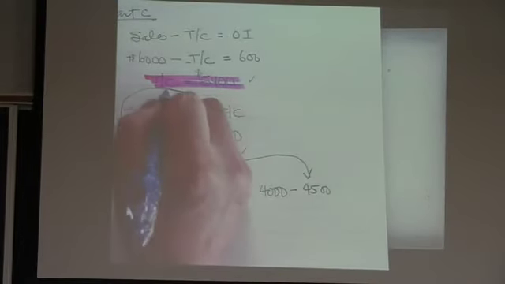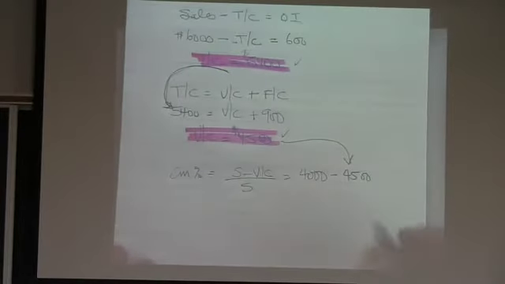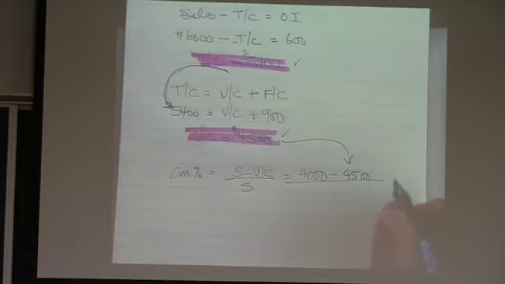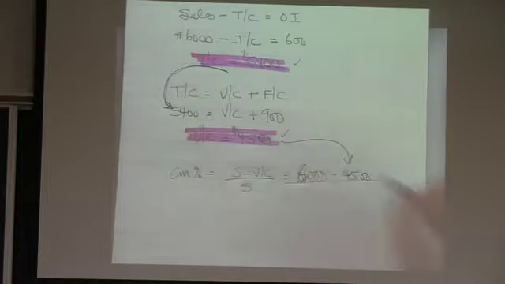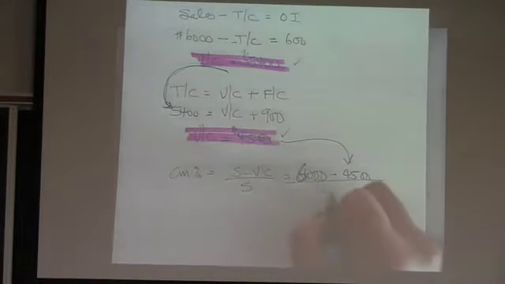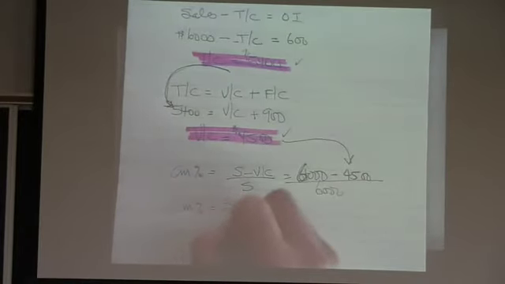So let me just make sure we document the relationship. The sales is 6,000. Apologize. Okay. And then divided by 6,000. So contribution margin percentage is 25%.